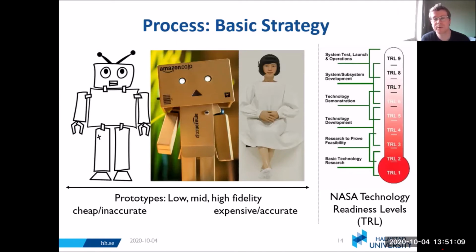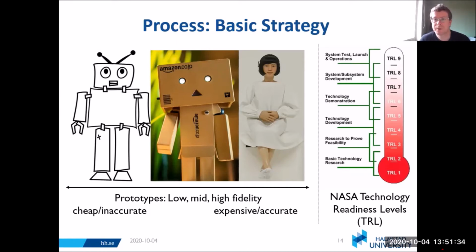This type of prototype is very cheap, but when you show it to users, the feedback that you get might not be perfectly accurate. On the other side of the spectrum, if you make a high fidelity prototype, it can be quite accurate. It looks exactly like the product that you want to design, but it can be quite expensive in time and money to prepare that.